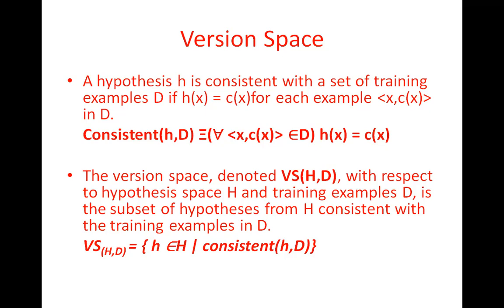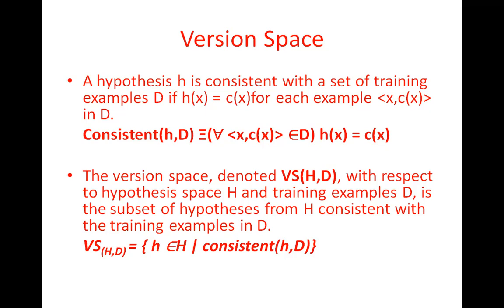Similarly, not just one hypothesis. For a given data set, there will be many hypotheses which are consistent with it. In Find-S, we got only one hypothesis, but that is not the whole picture. We will have many hypotheses consistent with the given data set. That collection of hypotheses we call the version space.